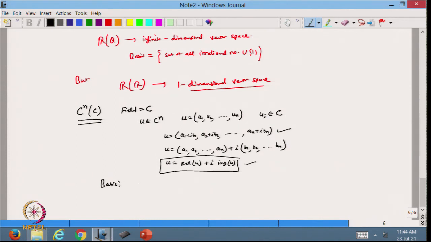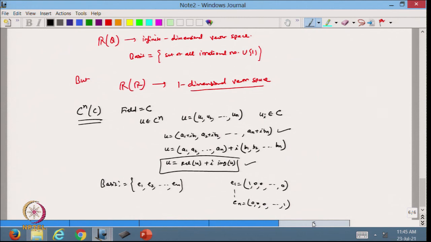So, n dimensional means the standard basis will be E1, E2, En, where E1 is 1 0 0 0. So, like this one. So, En is 0 0 0 1, because I am taking the field as the complex numbers.